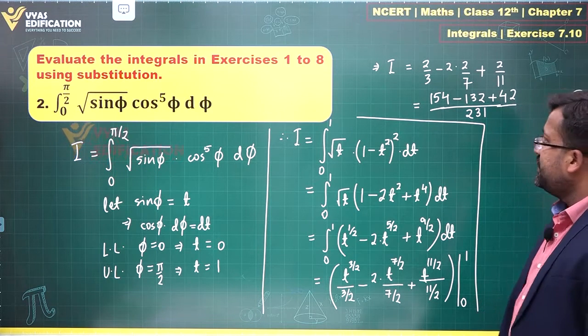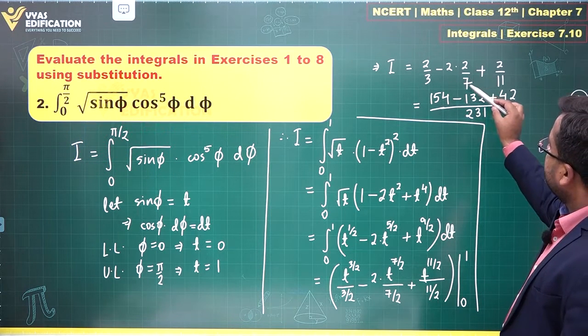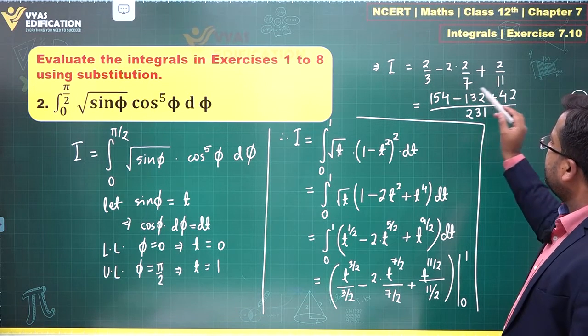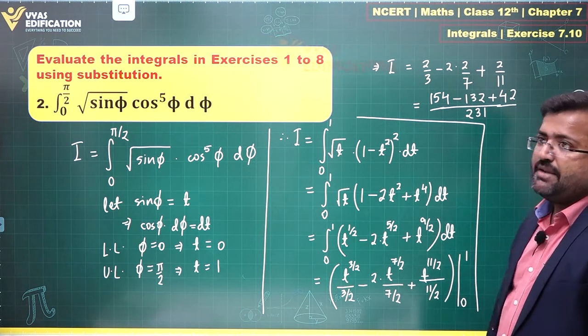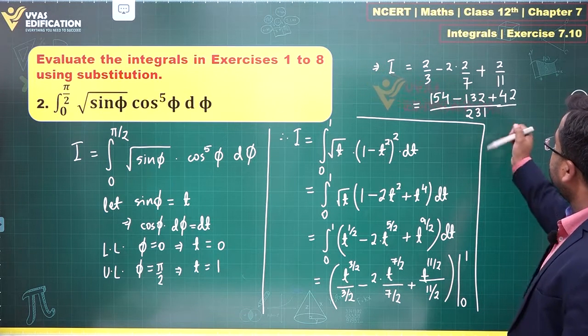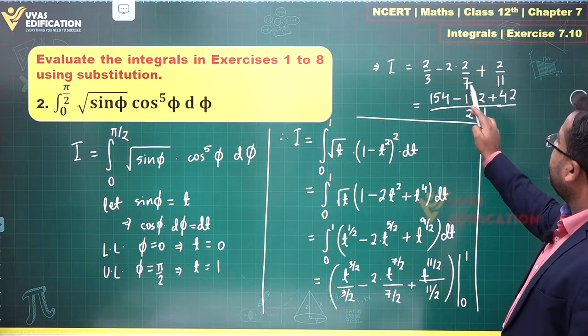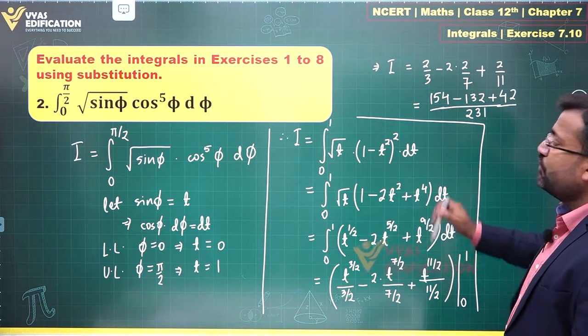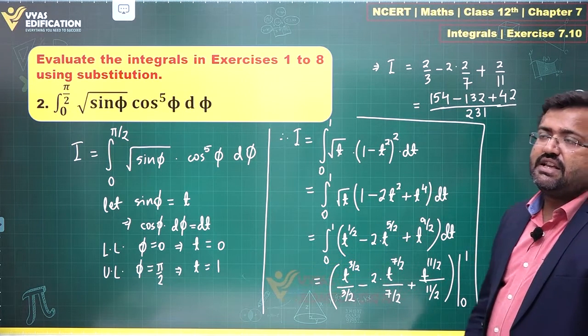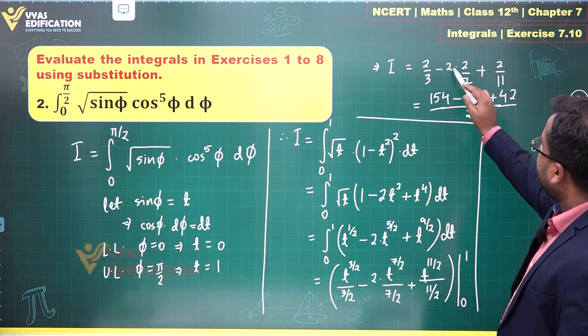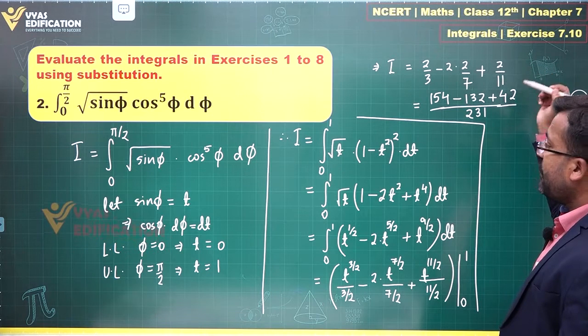Let's check the calculations. 7 times 3, we have already done that, 21 times 11. Let's multiply 11 times 3 is 33 and times 7. So this will be 7 times 3 is 21 and 210, 231 is okay. And 11 times 7 is 77 times 2. So this 70 is 140 and 154 is okay. 11 times 3 is 33, times 2 is 66, times 2 is 132.